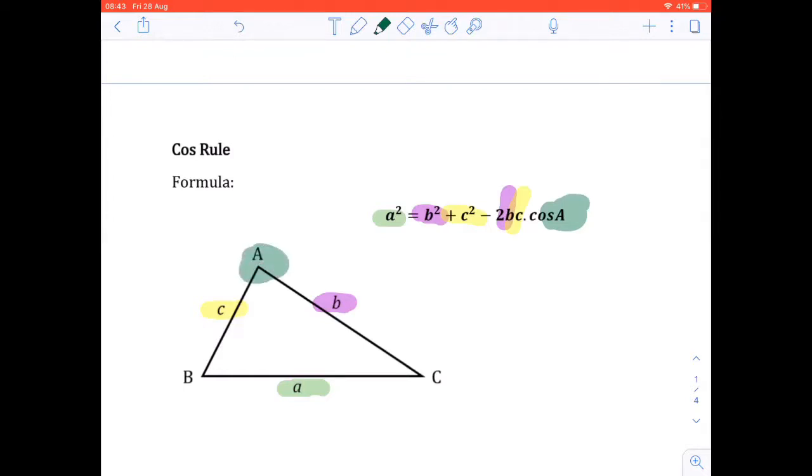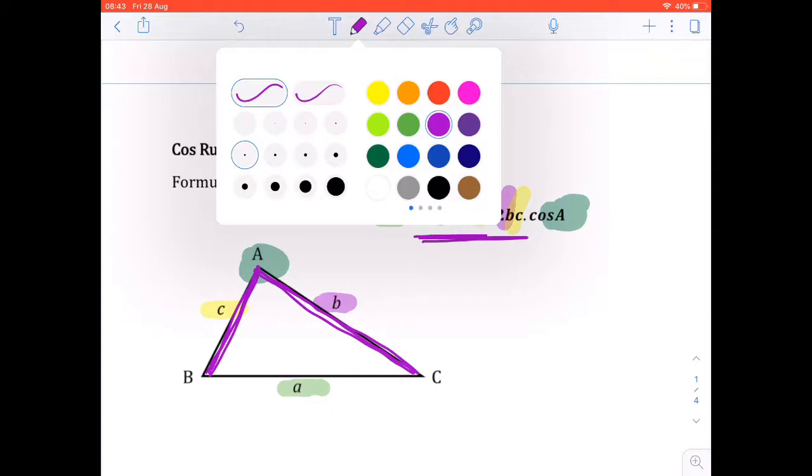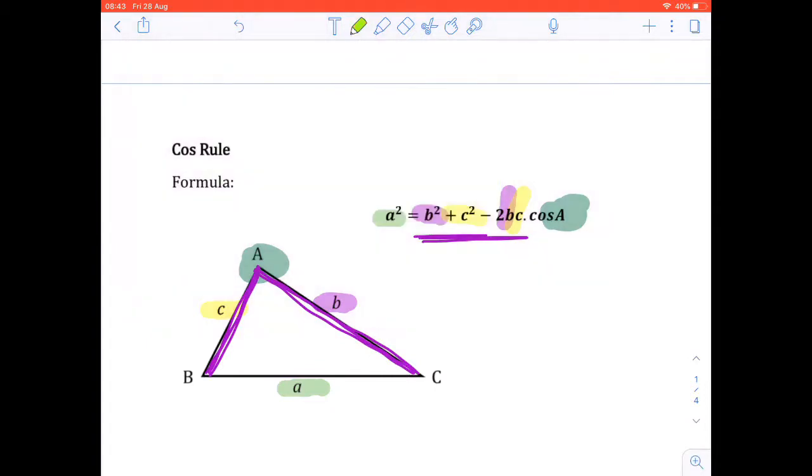Essential to cos rule is the relation between all of these different pieces. Angle A has to be the angle between the two sides that we are working with on the right hand side of the formula, b and c, and side a has to be the side that sits opposite angle A. There is no other way to do the cos rule.